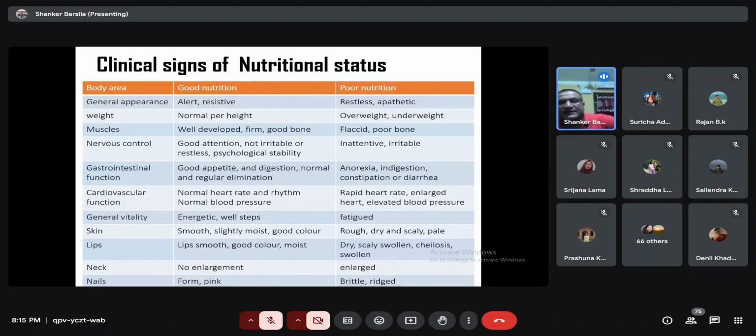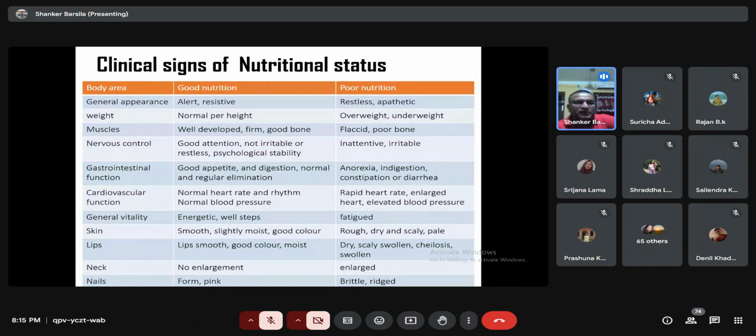And if the man or woman is restless and totally apathetic, then it is the poor nutrition status. And another is the body weight, normal for height would be the good nutritional status, and overweight or underweight might be an example of the poor nutritional status.